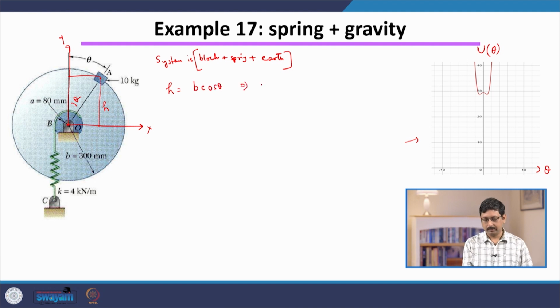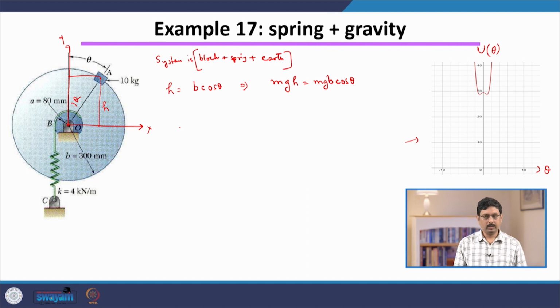That means the gravitational potential energy is mg times h, which is mgb cos theta. If h is positive, it is positive, if h is negative, it is negative.